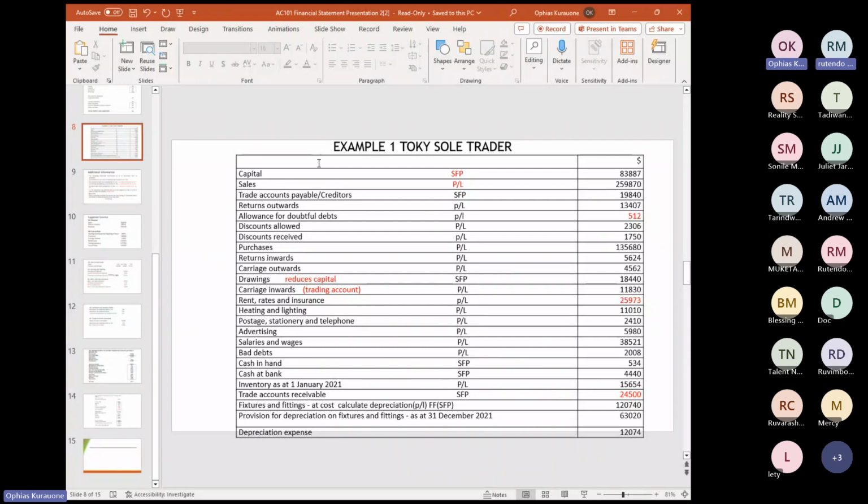And for reliability, you are saying the information is free from bias. The information should describe the proper accounting and economic phenomena without any problem. That is reliability. People should not question its credibility. So you should understand reliability and relevance.